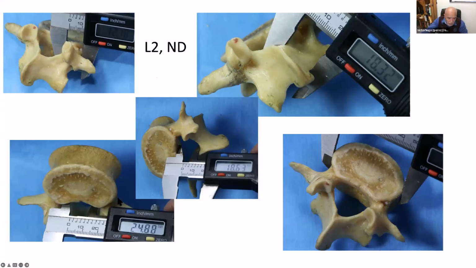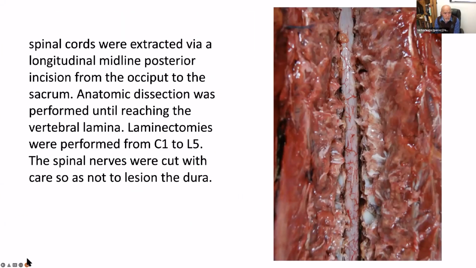So I took the measures of all the lumbar and thoracic spine, non-degenerative and degenerative spine. So let me show you. I have been doing some exercise in taking or removing the spinal cord.